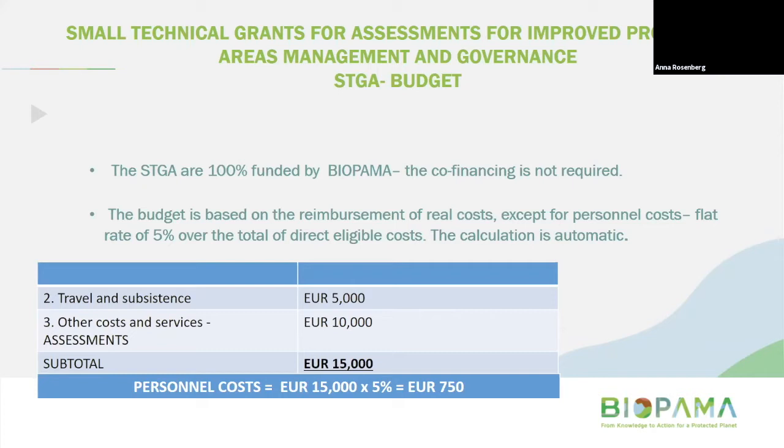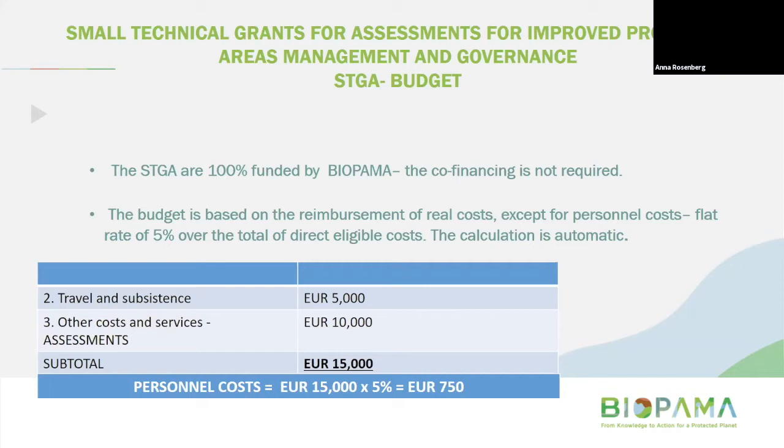The personnel costs are paid to you at a flat rate of 5% over the total of direct eligible costs. The template, which we will see a bit later, calculates these 5% automatically.